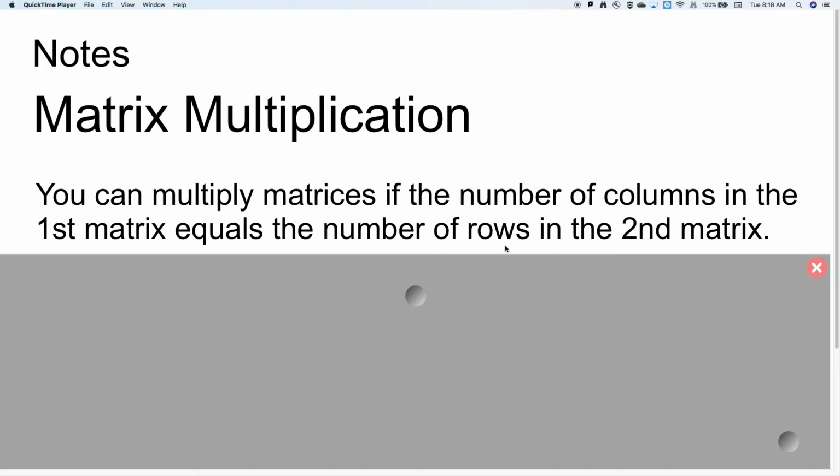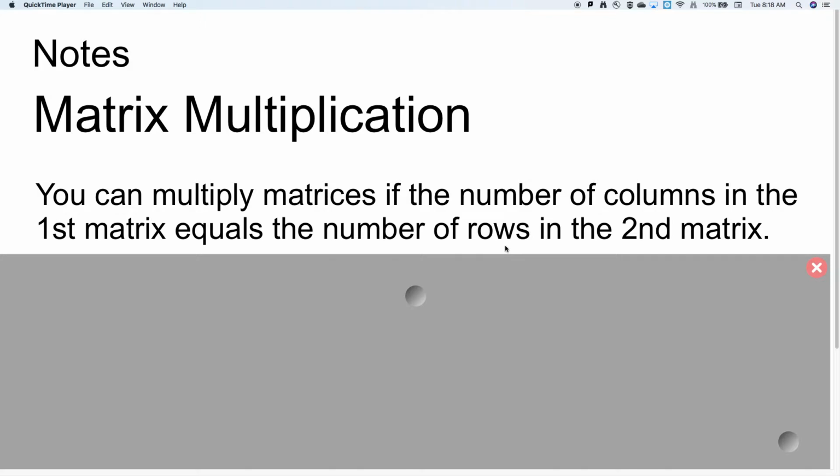So in matrix multiplication, you're allowed to multiply two matrices if the number of columns in the first matrix matches the number of rows in the second matrix.